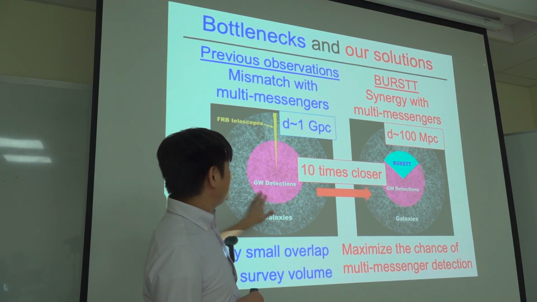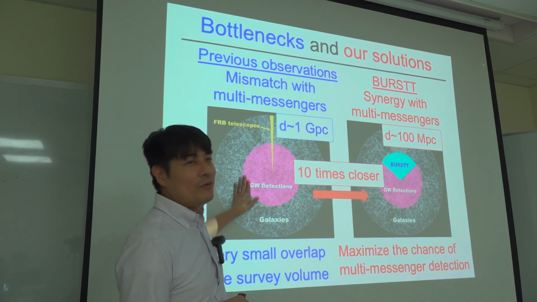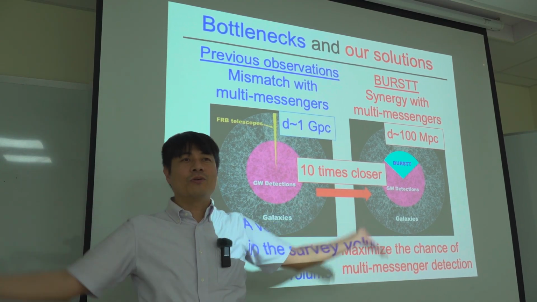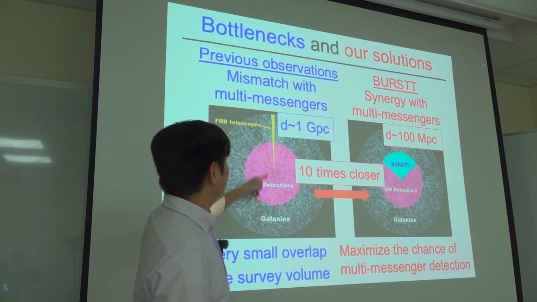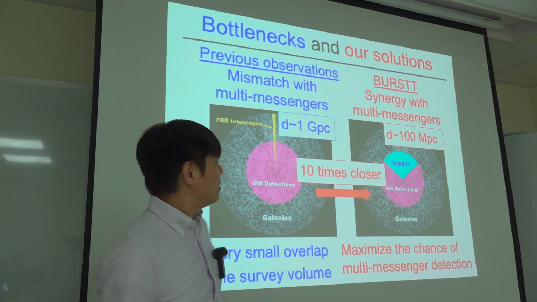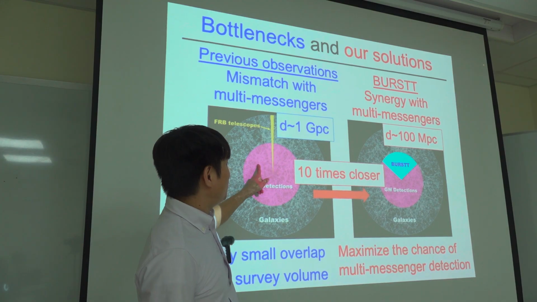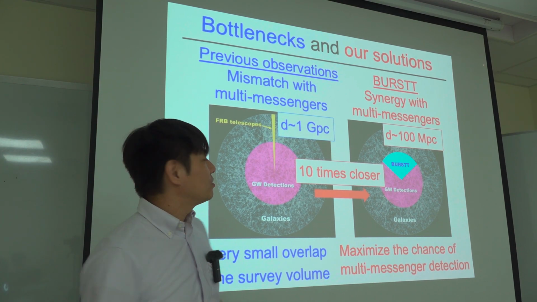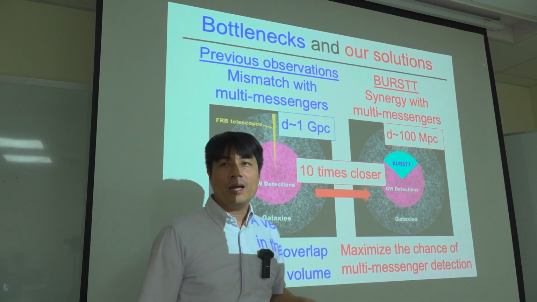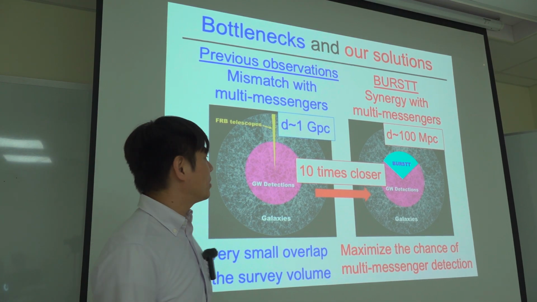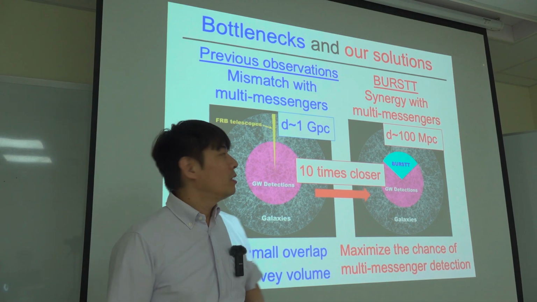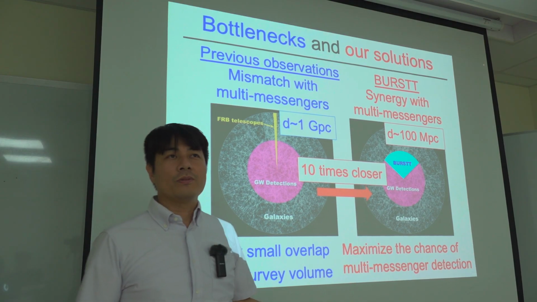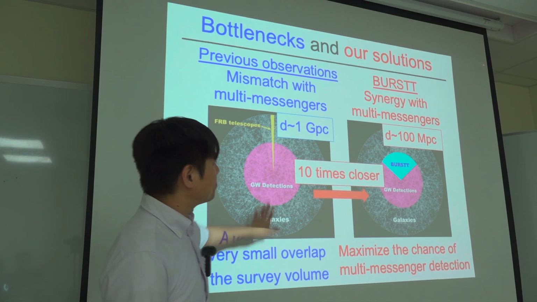But the GW detector's survey area, if I simplify, is the whole sky to the nearby universe. So this yellow and the magenta don't have a lot of overlap. So this may be the reason why we don't really see gravitational wave counterparts from FRBs, because there is a very small chance of simultaneous observations.